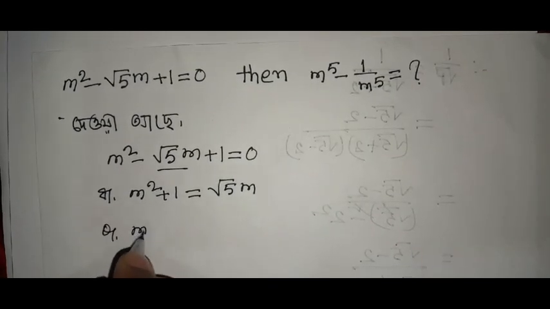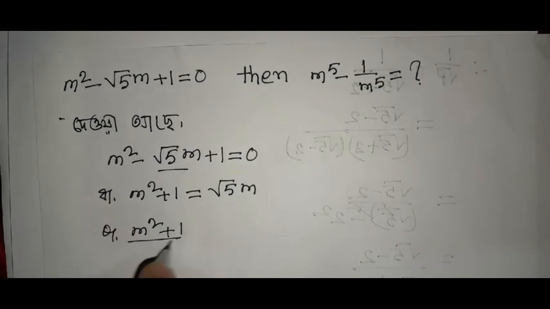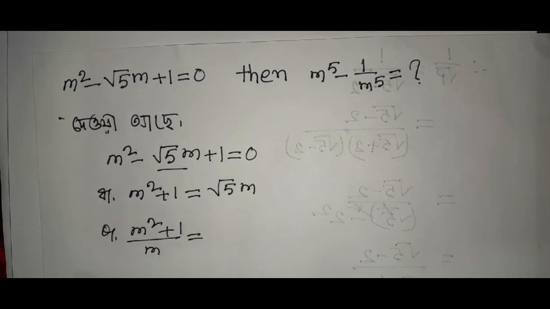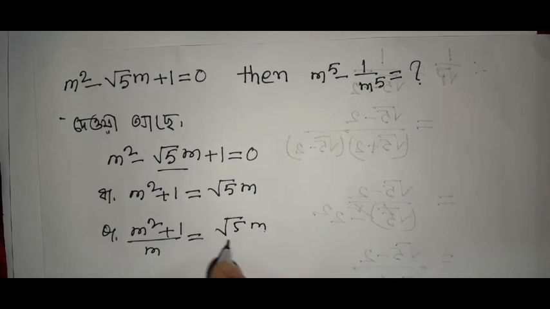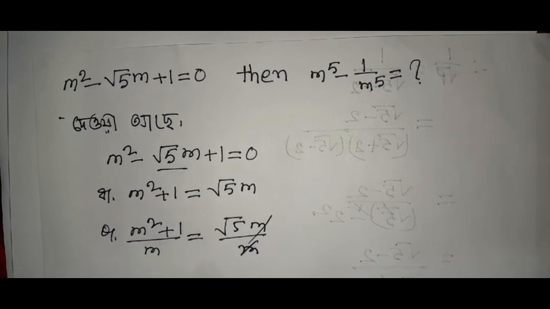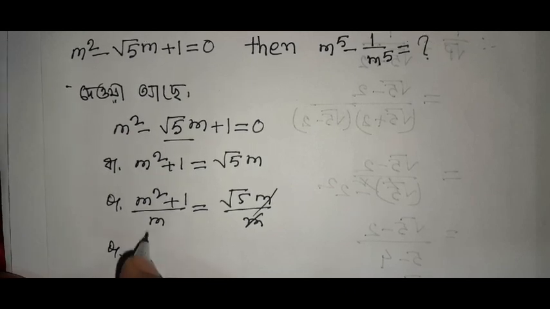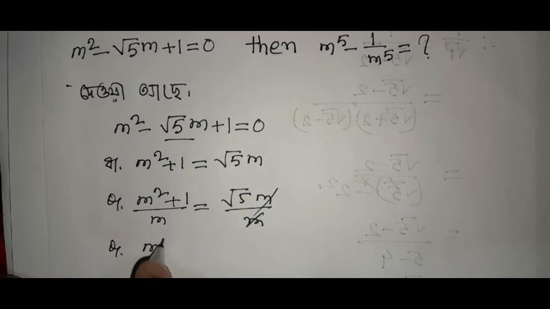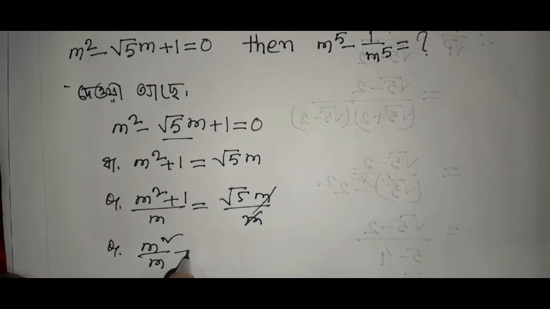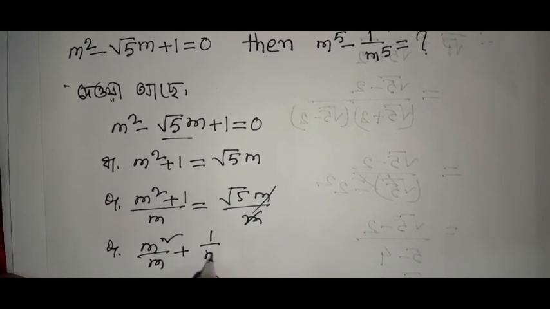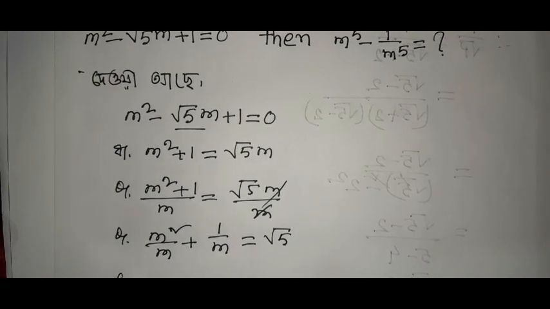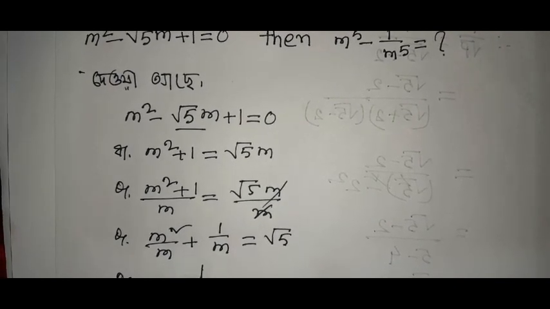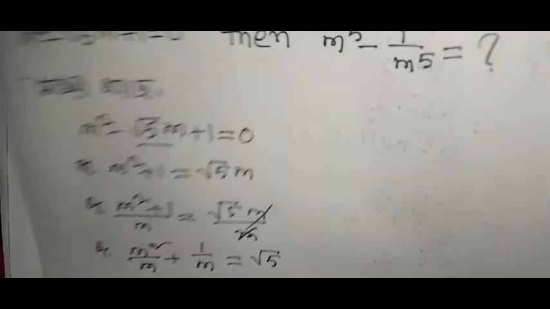Divide both sides by m, and m and m cancel. We separate it: m²/m + 1/m is equal to √5. Here we can write m + 1/m is equal to √5.